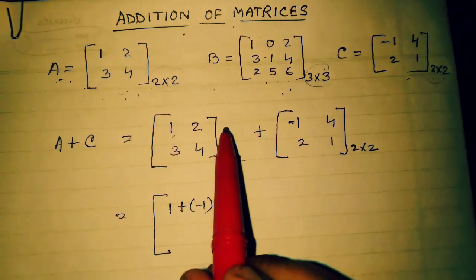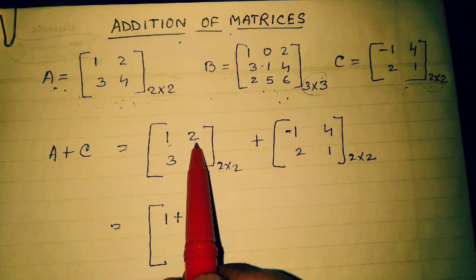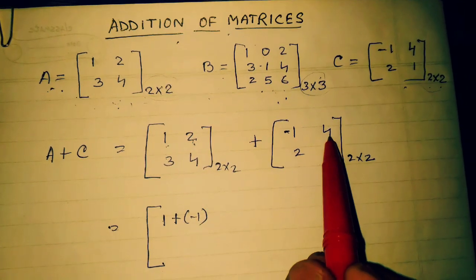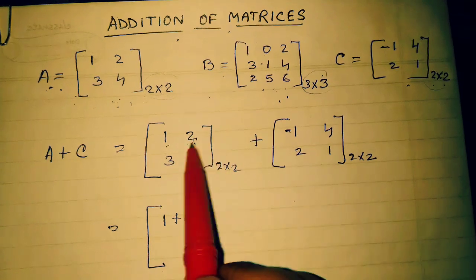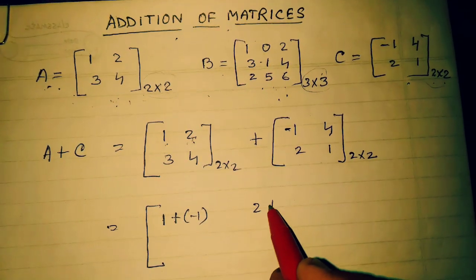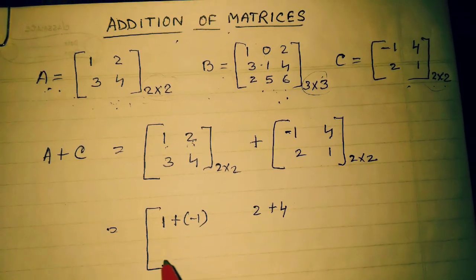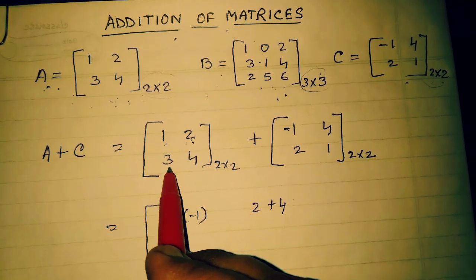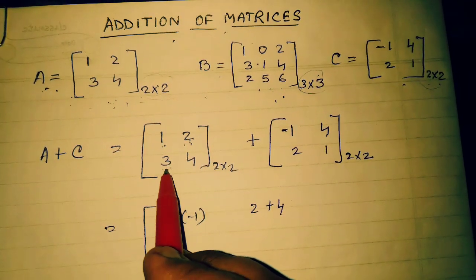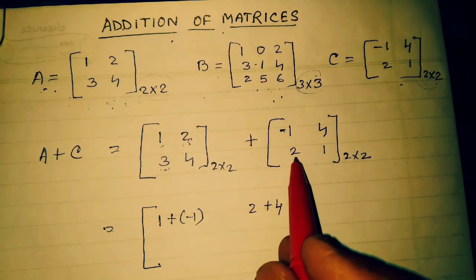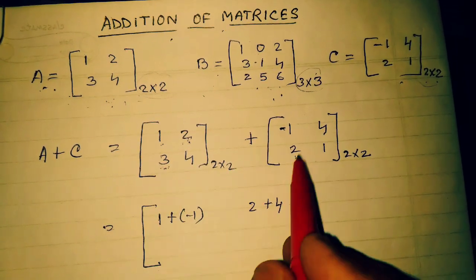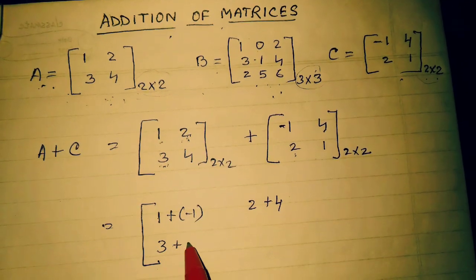Similarly, the A12 element, 2 plus 4. Similarly, this is the A21 element, second row and first column, and this is also the second row first column element, so 3 plus 2.